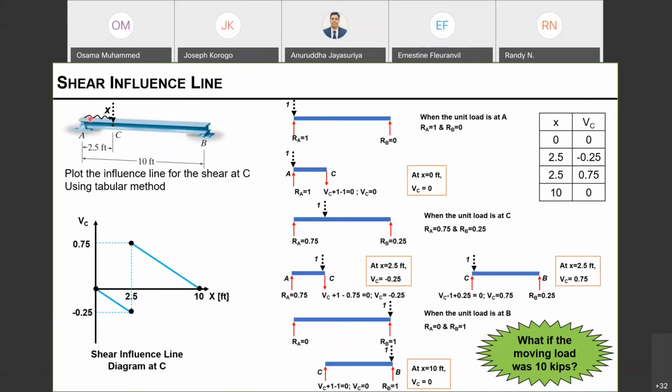If I run a 10 kip force from A to B, then my maximum shear at C will be 7.5. We will do one example. I'm just trying to establish how we construct these influence lines for three different action types. Just keep that in mind. If I move a higher load, it will be multiplied by that number.